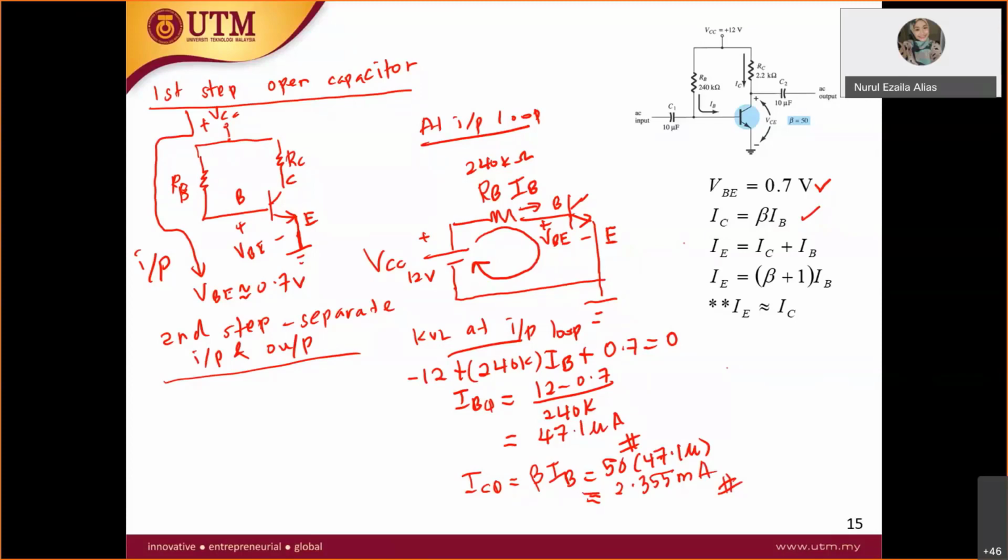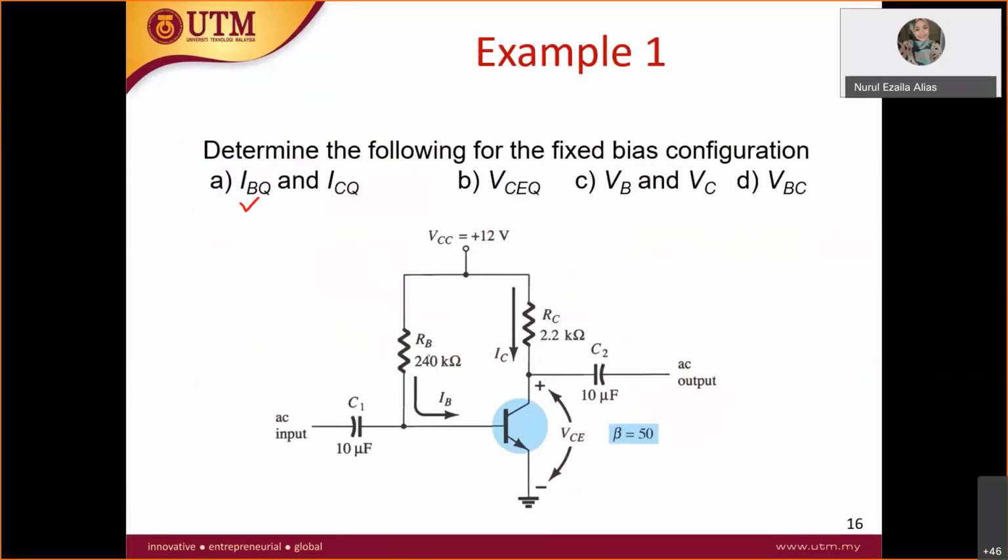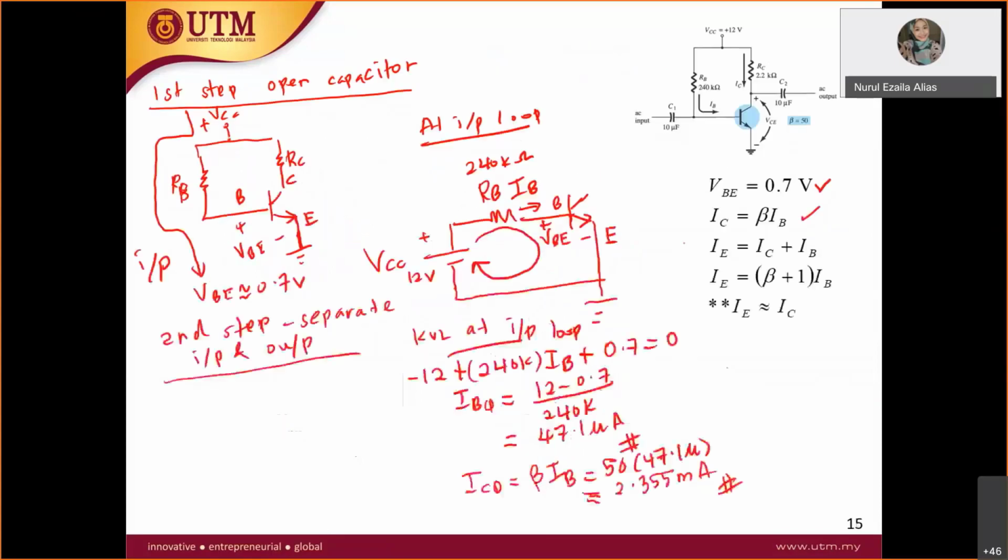So now you get your ICQ done. So you are actually solving the input loop. The rest, you need to solve the output loop. Before I proceed to the output loop, do you have any question for the input loop?